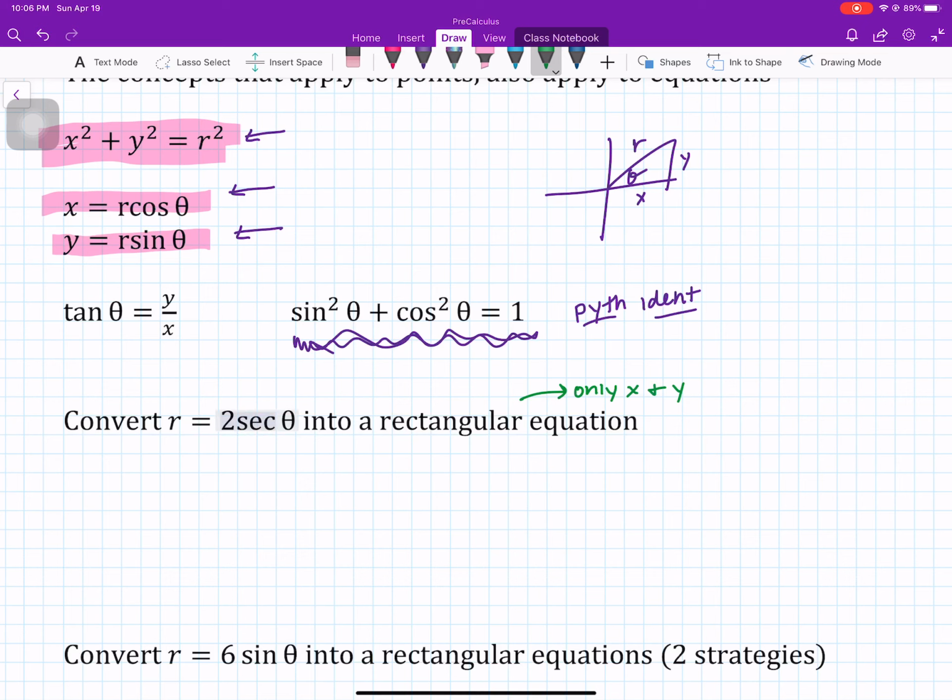So that's a clue that you should probably change secant into its equivalent reciprocal, which, in case you forgot, secant is 1 over cosine. Cosecant is 1 over sine. So 2 over the cosine of theta. Remember, the 2 stays in the top of the fraction.